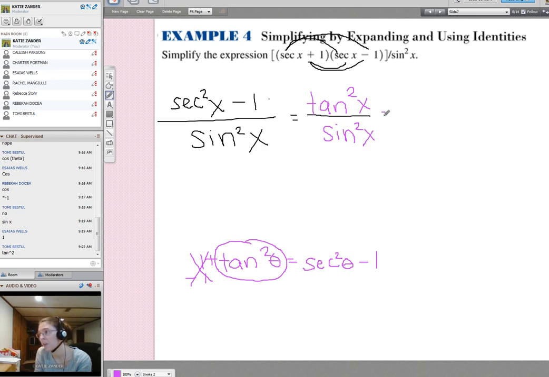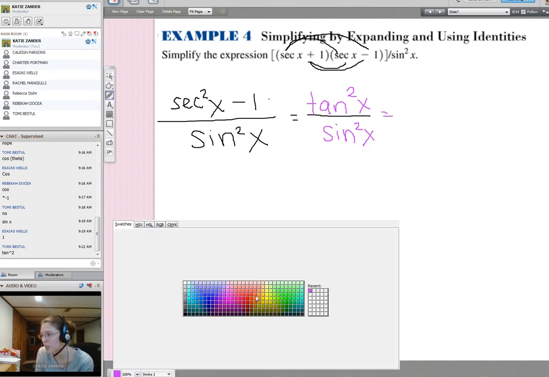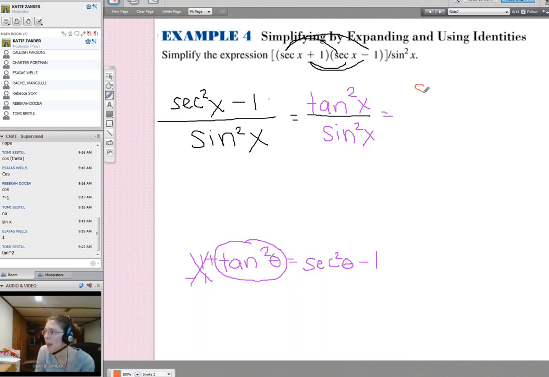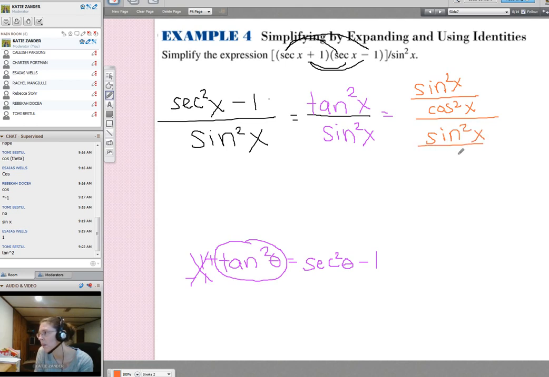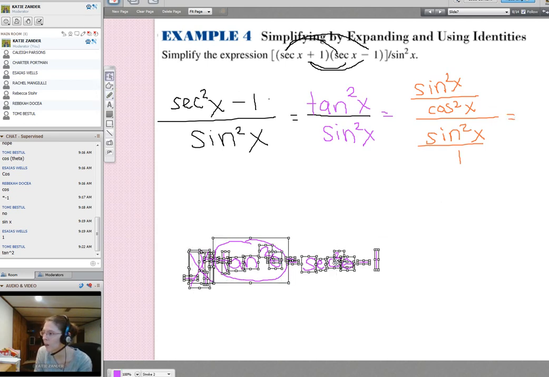I can then simplify even further, because tangent squared x is the same as sine squared x over cosine squared x, right? And now I actually have a division problem that I can change into multiplication and try to simplify from here. So let's go ahead.